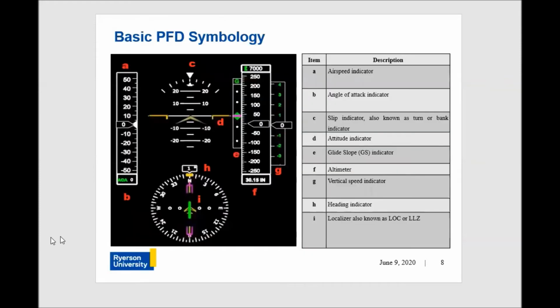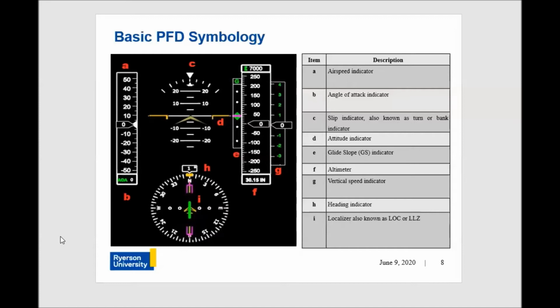This figure shows a basic primary flight display symbology, which was designed based on hierarchical task analysis as well as human factor studies conducted earlier. And this symbology has all the basic flight instruments that the pilot needs to take off, cruise, and land the aircraft safely.